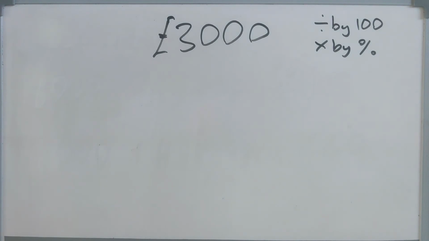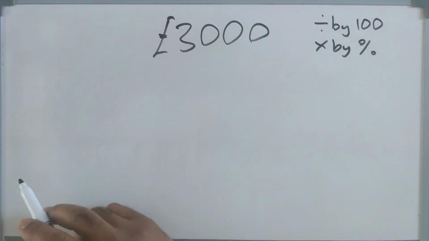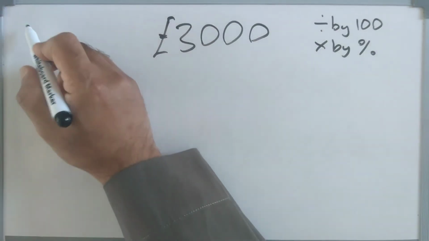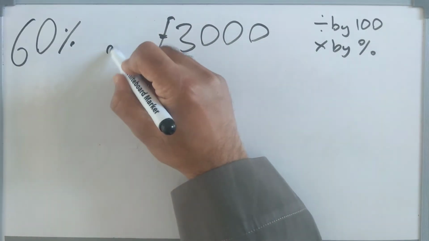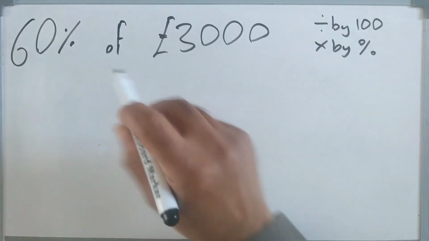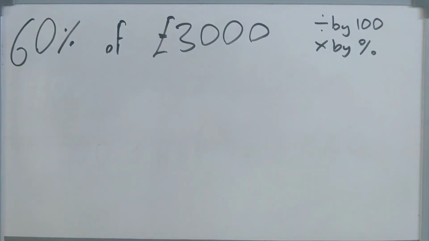But unfortunately, due to the current crisis and the lockdown, the profits have gone down by 60%. So we need to work out 60% of £3,000 to find out how much the profits have decreased by.